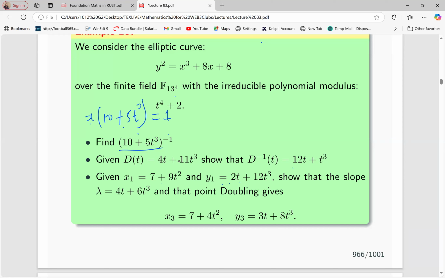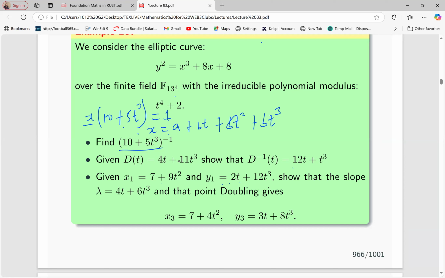Now, what you give your code is that the inverse x is supposed to be of the form constant a plus bt plus ct square plus dt cubed. So that is how your inverse is supposed to look.